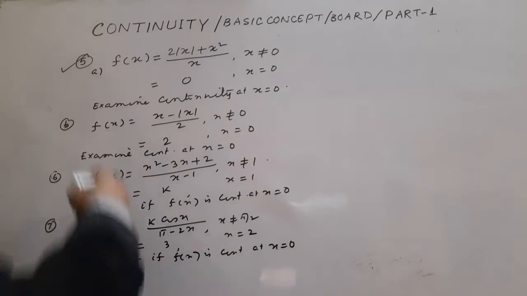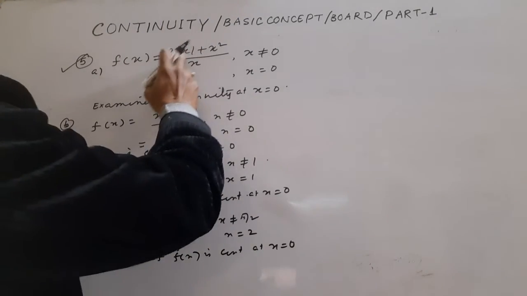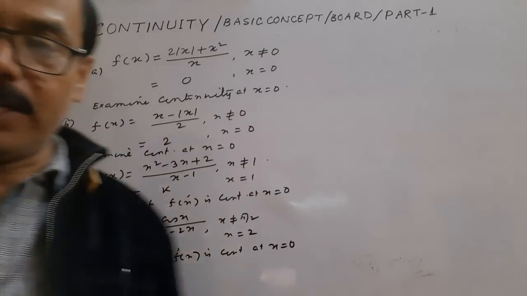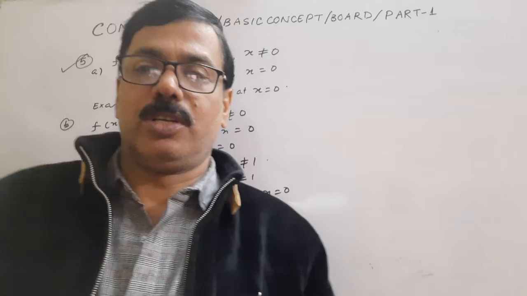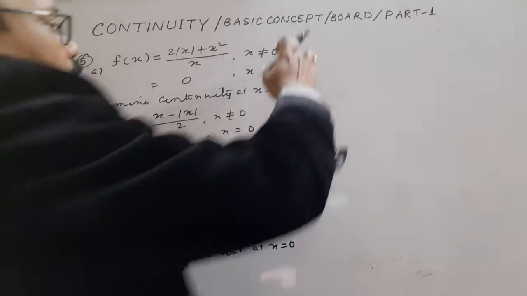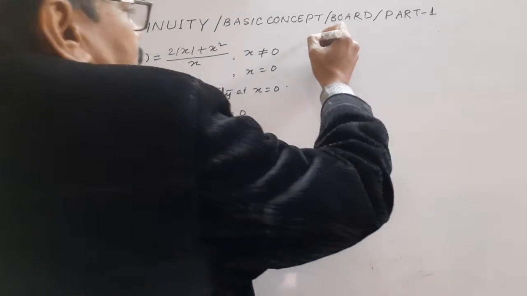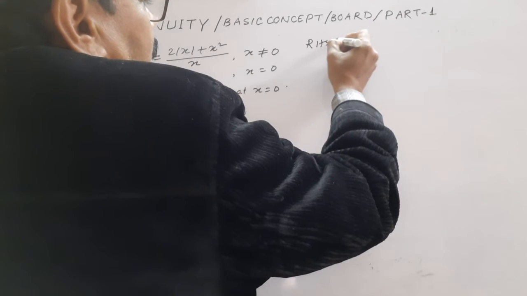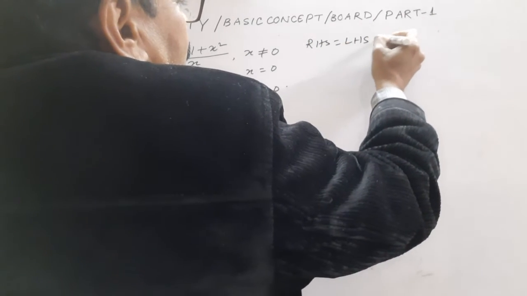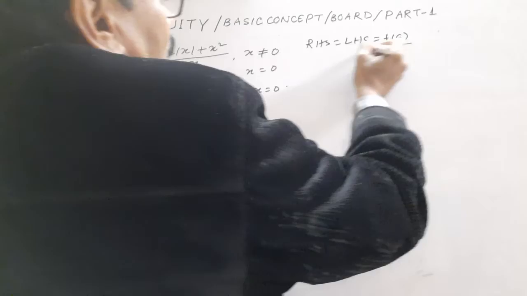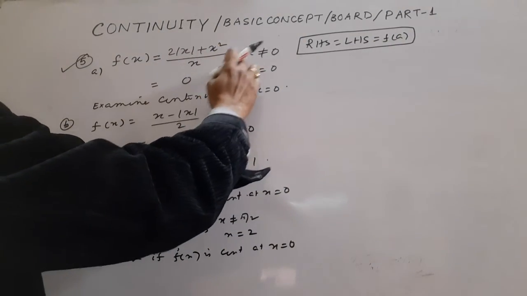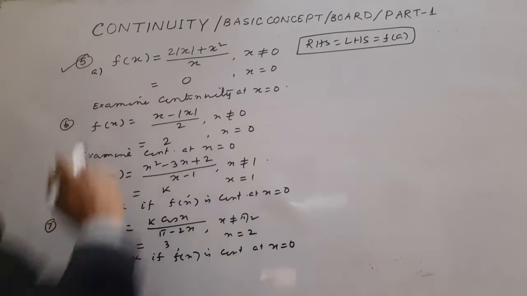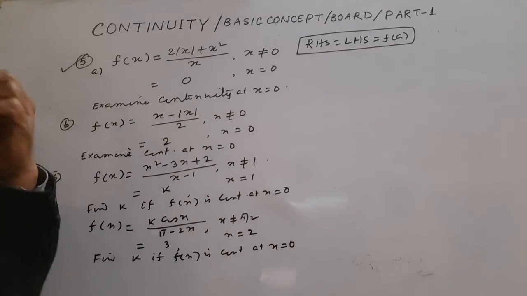But look, for this problem, mod x is defined for greater than 0 and less than 0. That is why we use this definition. Right hand limit equals to left hand limit equals to functional value. Because mod x, for greater than 0 it is x and for less than 0 it is minus x.